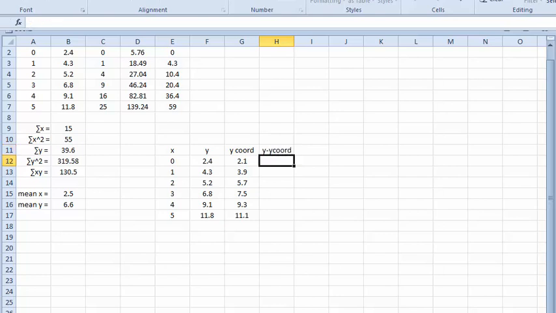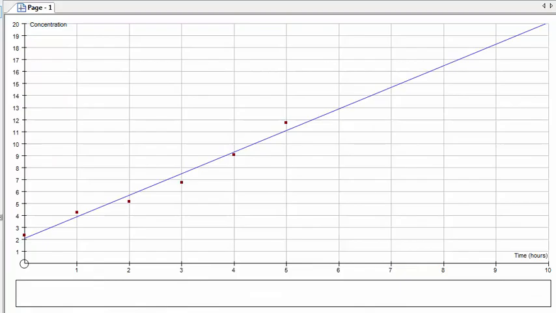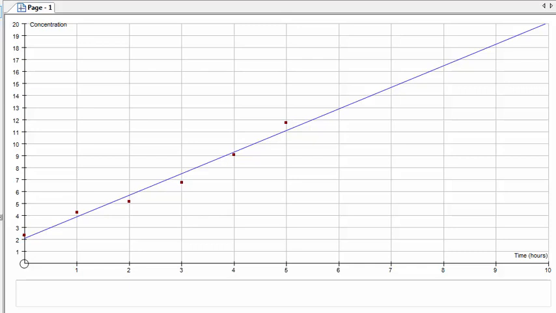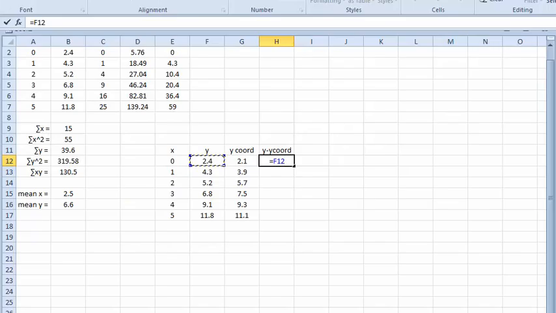So this is the theoretical one on the line of best fit, and then the other one is my original one, so I observed it as 2.4. So if I just look at my graph, 2.4 minus 2.1, whatever that is, 4.3 minus 3.9, so on and so forth.